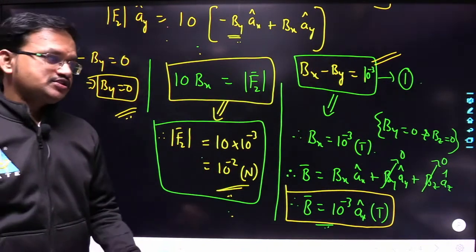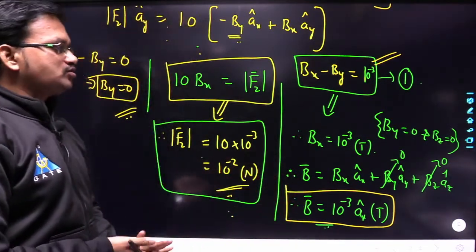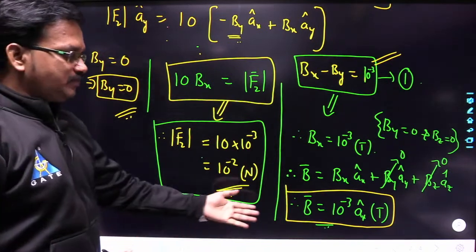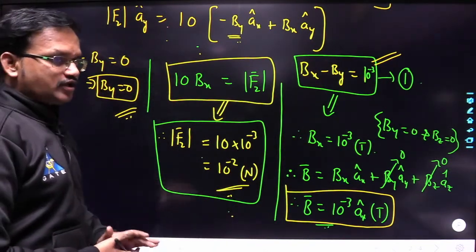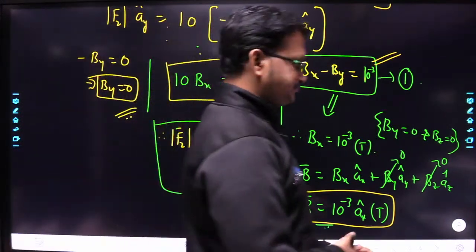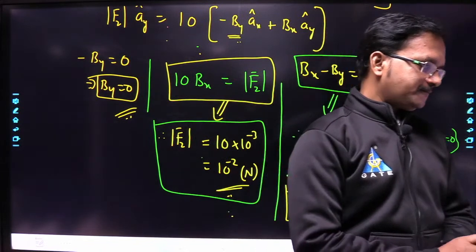They have given two situations here, and with the help of those two situations you have to determine the B field and also the magnitude of force F2. Is this problem clear? Tell me.